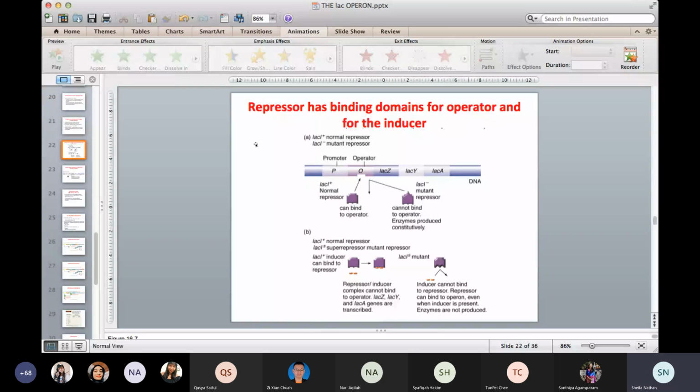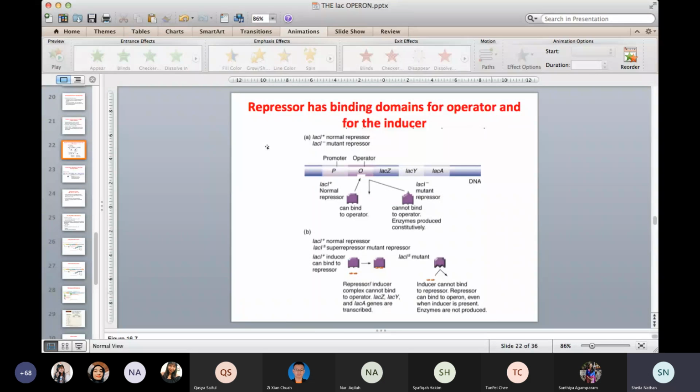the lactose now cannot bind to the super repressor because the shape has changed. So the inducer cannot bind to the repressor. The repressor will continue to bind to the operator, and you will switch off transcription completely, even though there is no glucose but lactose is present.